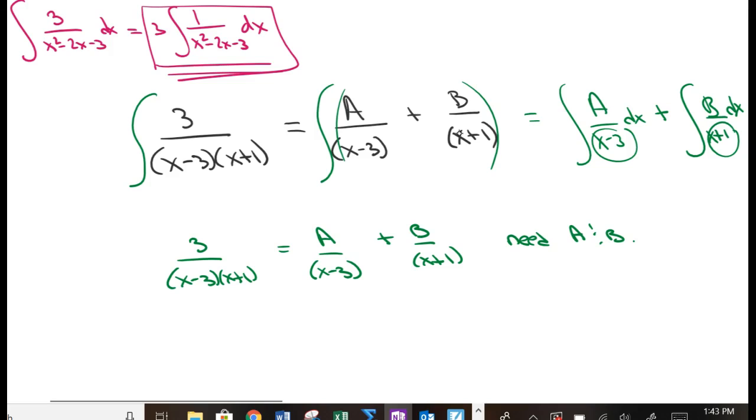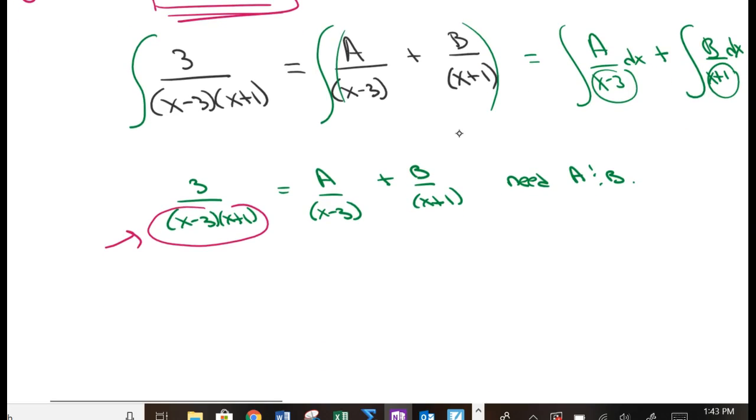Here's what we're going to do. We're going to multiply both sides of this equation by the common denominator, this expression right here. When you do that, we get this: 3 equals A times x plus 1 plus B times x minus 3.